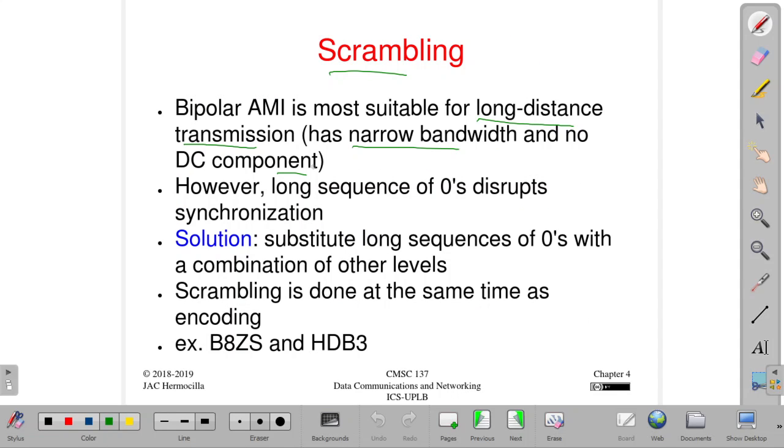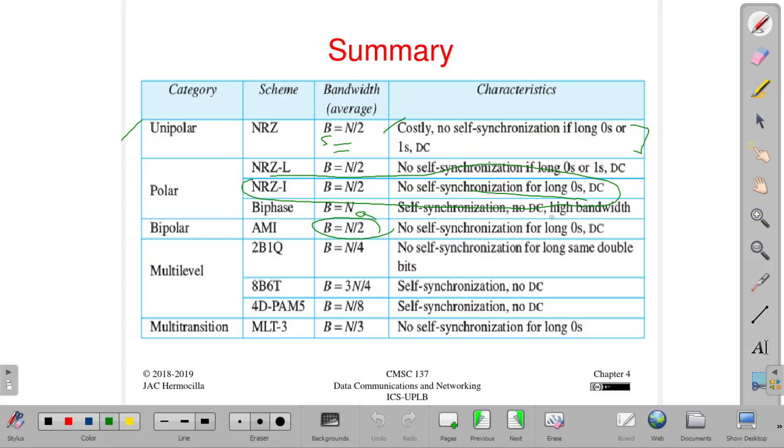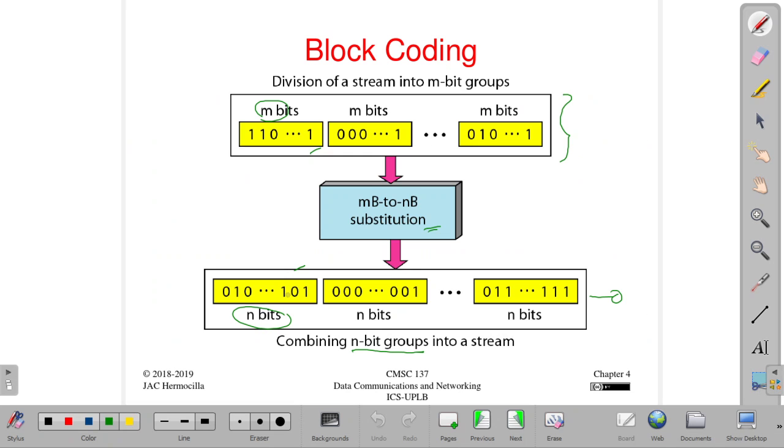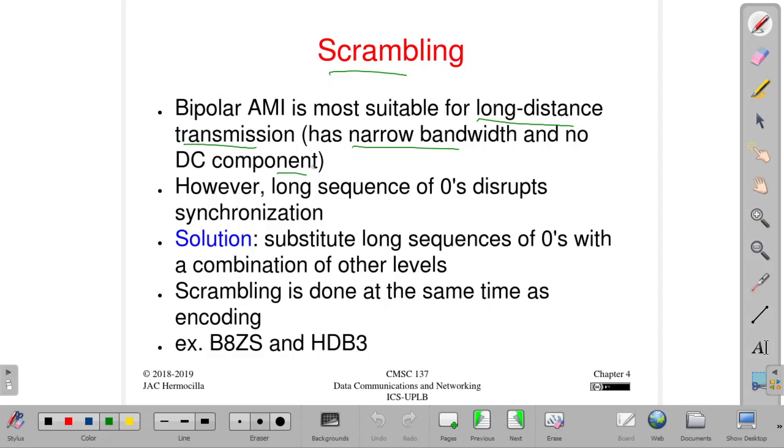we need to have a signal with no DC component. Okay. So those are the ideal characteristics for long distance communication: narrow bandwidth and no DC component.